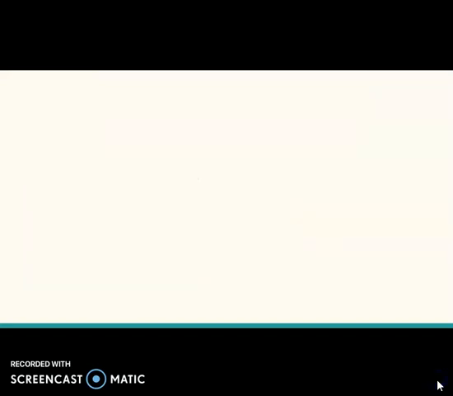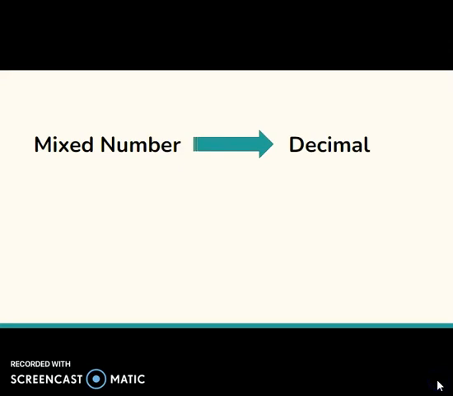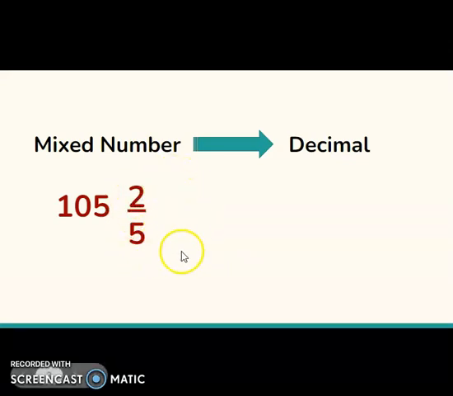Let's learn how to convert this mixed number to decimal. Following the same example, that is 105 whole 2 upon 5. In this, first you need to see if you can simplify the fraction part or make it equivalent to 10 or 100, or divide to get the decimal equivalent.